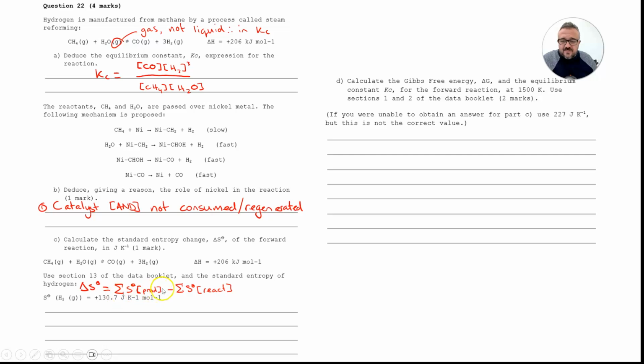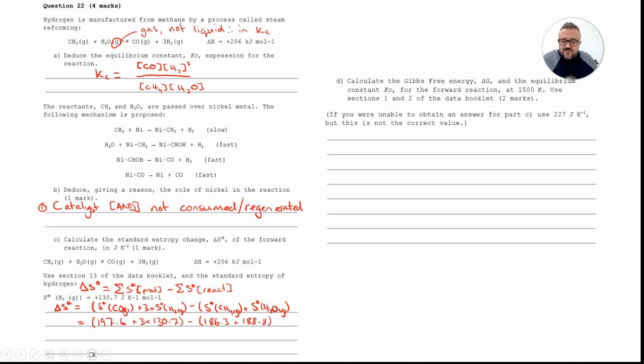First off, here's our equation for calculating standard entropy change. Delta S is the sum of the entropy of the products minus the sum of the entropy of the reactants. So we can write the sum of delta S equals the entropy of carbon monoxide plus 3 times the entropy of hydrogen, because we've got to keep those ratios in line, minus the entropy of methane plus the entropy of water vapor.